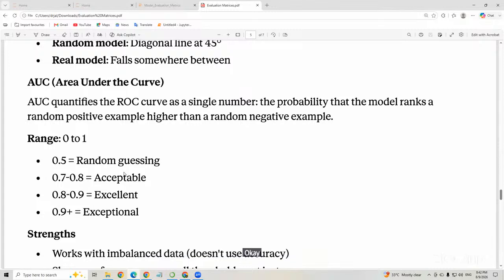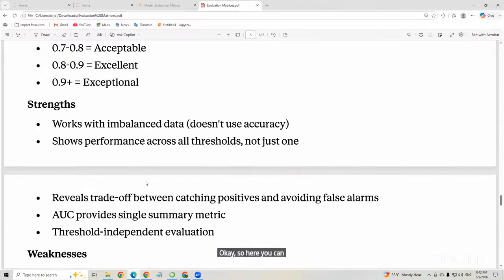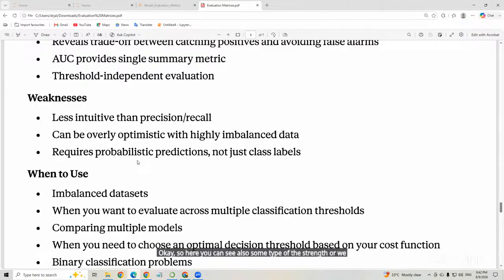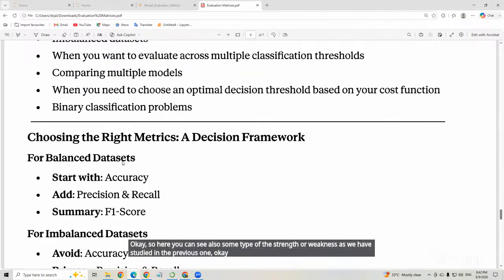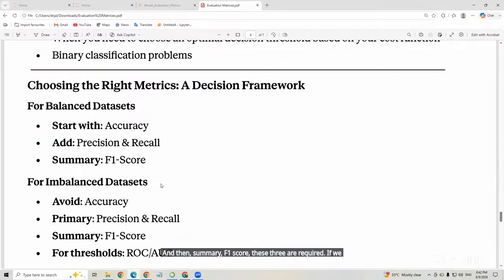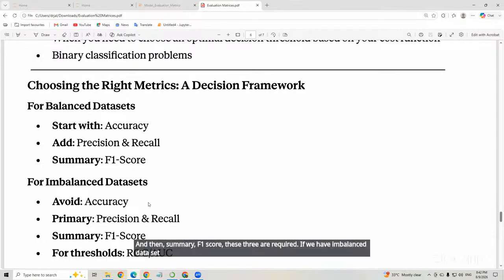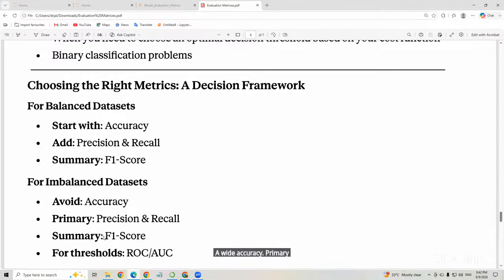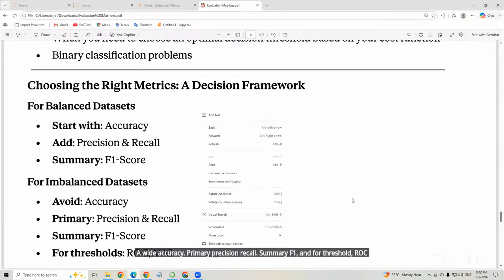Okay, so here you can see also some type of strengths or weaknesses as we have studied in the previous one. Okay, so this is the way of choosing the right metric and decision framework. For balanced data: if data is balanced, start with accuracy, add precision and recall, and then the summary, F1 score. These three are required. If we have an imbalanced data set, avoid accuracy; primary are precision and recall, summary F1, and for threshold, ROC, AUC is essential.